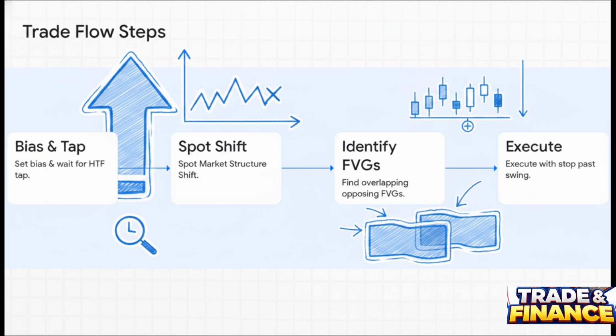Step 3, identify your overlapping opposing fair value gaps right there at the origin of that structural shift. And finally, Step 4, execute your trade exactly on the retest of that intersection, placing your stop safely past the recent swing extreme, just leaving a tiny little buffer. This right here is your repeatable blueprint.